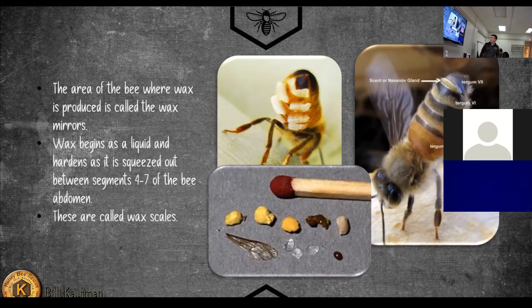Now this here is a picture of the scales between, I believe that is a mite and a wing. Very small. They start off translucent and they don't turn that white, opaque, waxy color we're familiar with until the bees start chewing on it.